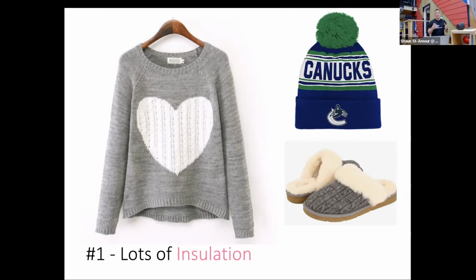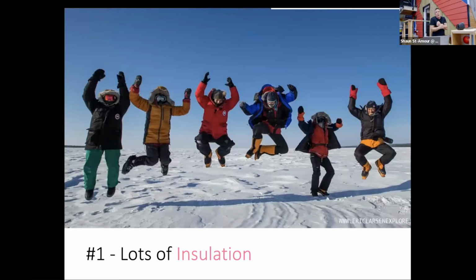And we could even be a little bit more finicky and say we're going to put slippers on the basement floor, we're going to put the sweater on around all the walls, and then we're going to put a hat or a toque or a beanie on our head and make sure that entire shell is now encompassed with lots of insulation. Because we know when we get into that nice warm cozy jacket, we feel pretty good even in those cold temperatures. That's the whole image: we want to make our shelter happy by wrapping it in a lovely sweater.